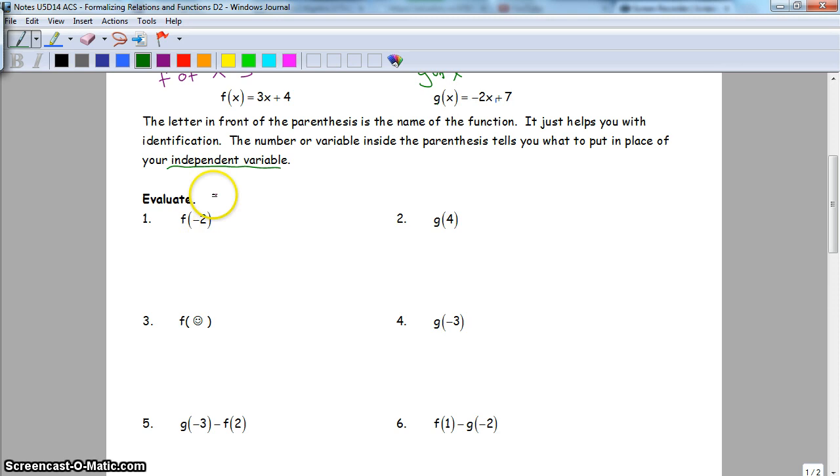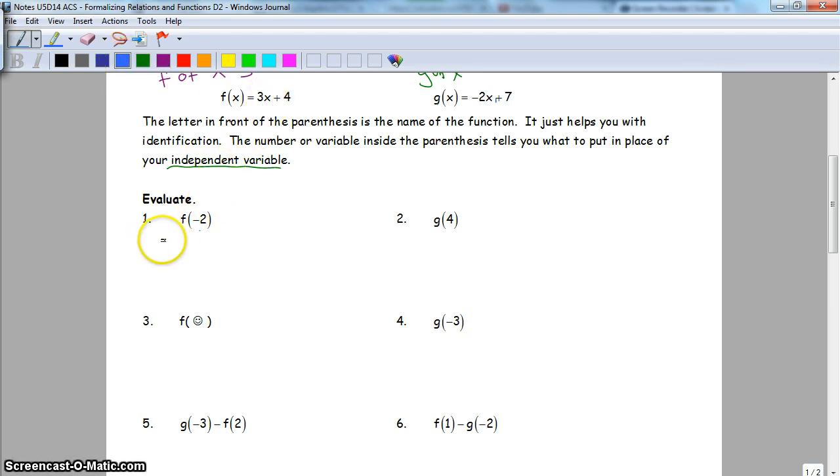All right, so we're going to use our f here and g here, and then down here it says evaluate. Rather than writing it as y is equal to 3x plus 4, find y when x is negative 2, this says f of negative 2. Well, if f of x is this, then f of negative 2 means you take negative 2 and substitute it in for x.